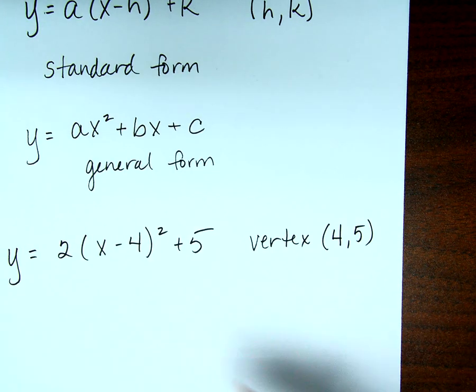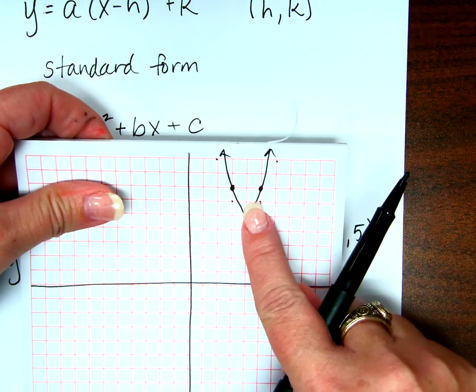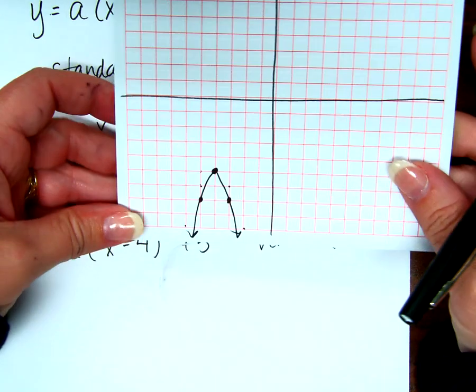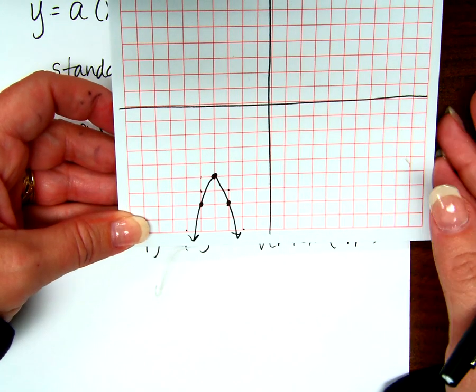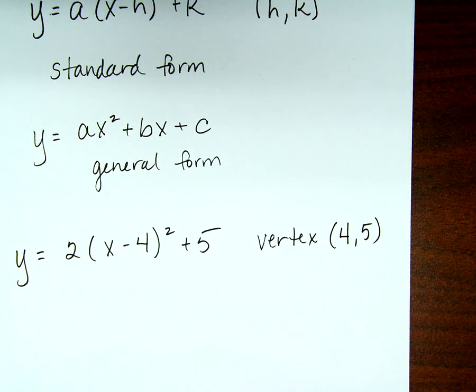Whether it's like this, where it would be a minimum, or if I graphed it and it actually opens like this, wouldn't this be a maximum now? That's going to be the vertex, isn't it? So keep that in mind when it's asking you to find the minimum or maximum. It's just asking you to find the vertex. You just got to know if it opens up or down to know whether it's a minimum or maximum, right?